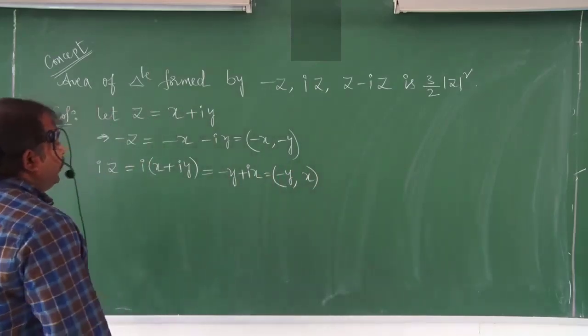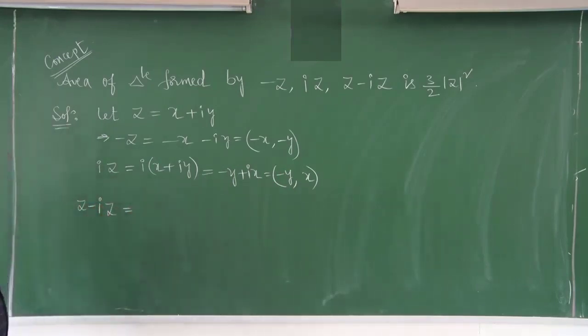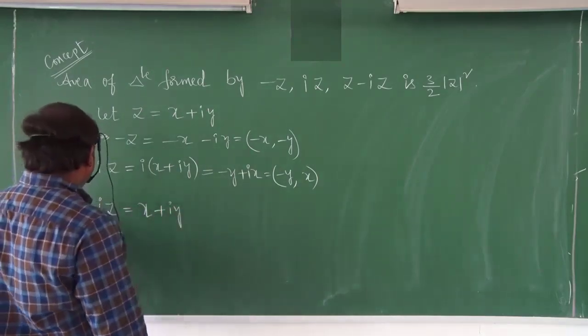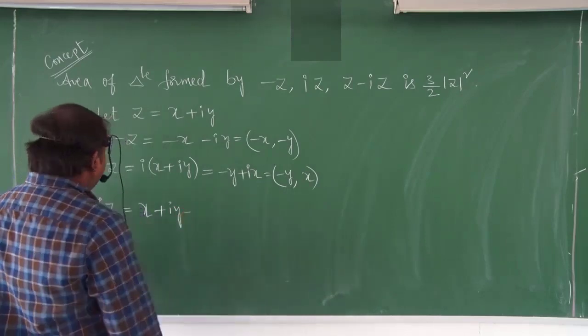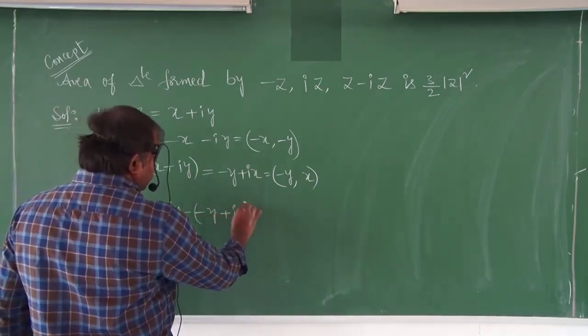Next, Z minus IZ. What is Z minus iZ? Z value x plus iy minus IZ value, which is minus y plus ix.